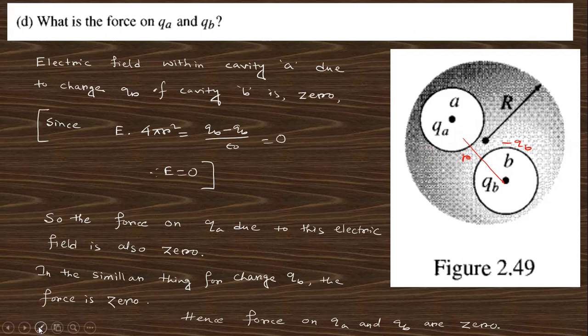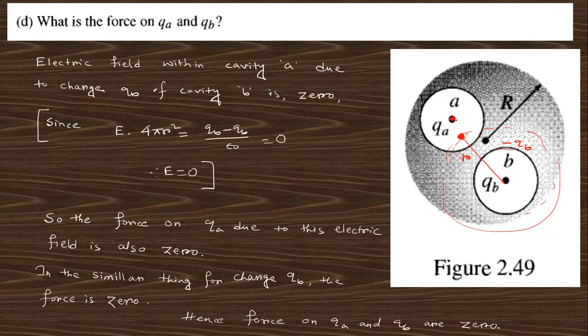If you take a Gaussian sphere like that, with radius capital R, the total charge within the sphere will be qb minus qb, because there is an induction of minus qb. So the total charge within this sphere will be 0. Then the electric field due to this qb charge at that region will be 0. Since electric field will be 0, the charge times electric field, that is the force, is also 0.